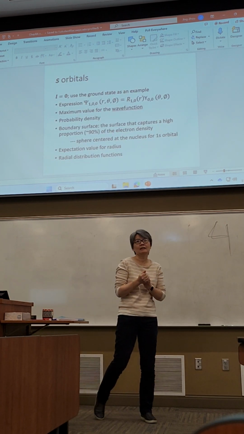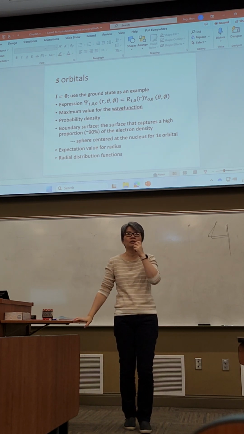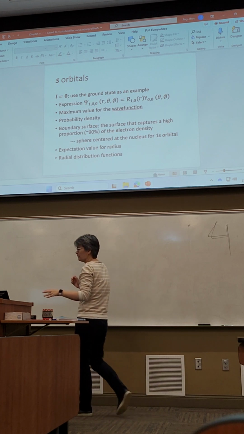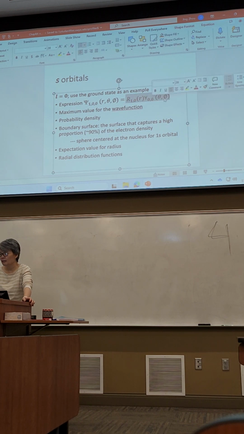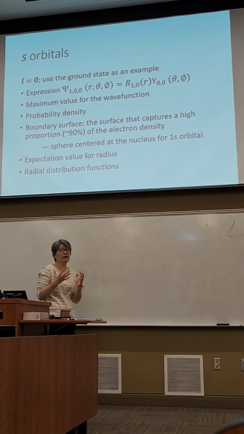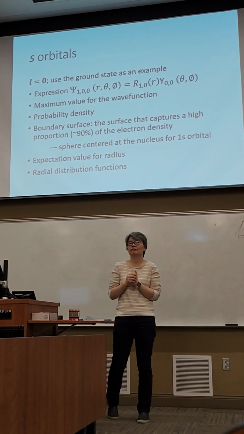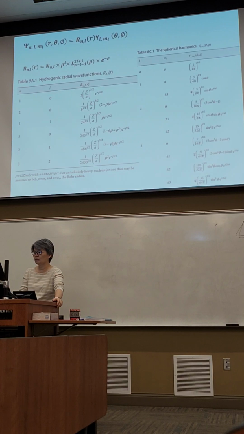The first example we show is those s orbitals, when L equals 0, and you plug in the angular component of the wave function. It is a constant, so that allows us to say that it has a spherical shape. All right, so we introduced the boundary conditions, and so on and so forth.